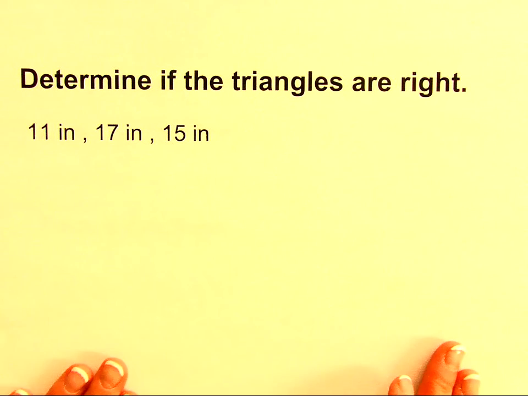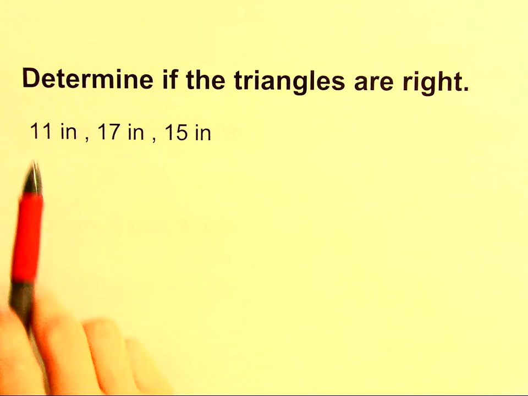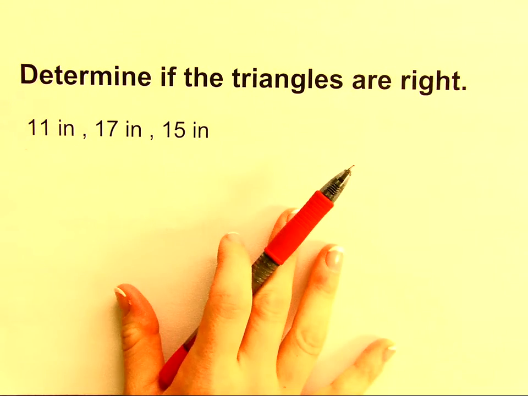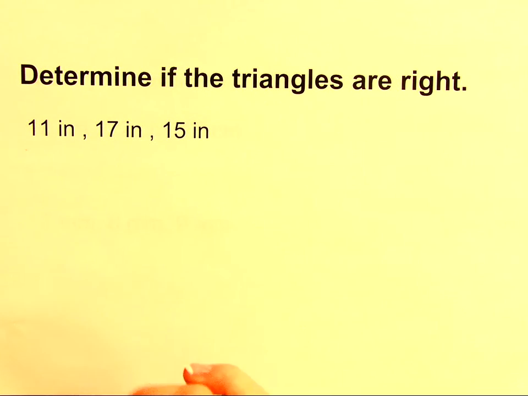So now, taking away that picture again, I have three measurements of a triangle. No image to look at, so nothing to throw me off. I simply have to plug these into my Pythagorean theorem.